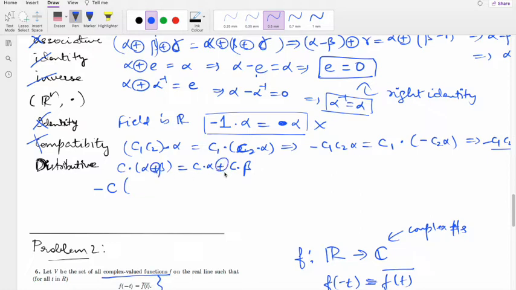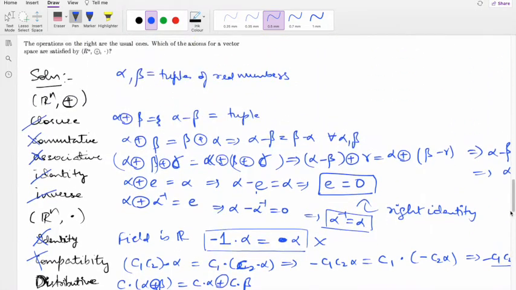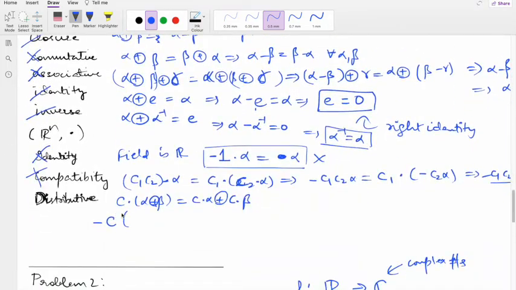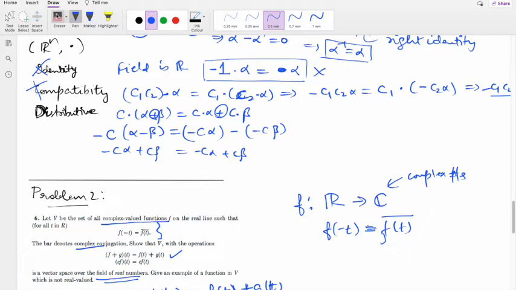That's the vector operation being defined here. Alpha plus circle beta is basically alpha minus beta, right? So this is minus c times alpha, this is one vector, minus c times beta. So it's minus c alpha plus c beta, this is minus c alpha plus c beta. So dot is distributive over the vector addition operation defined here, right?